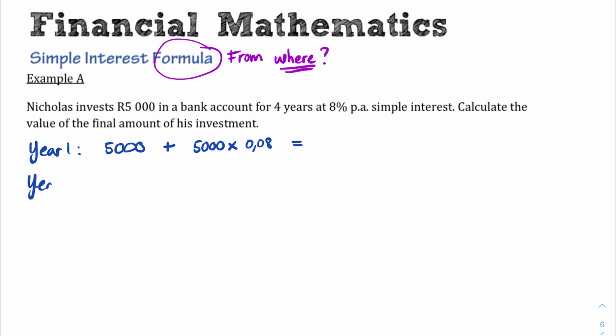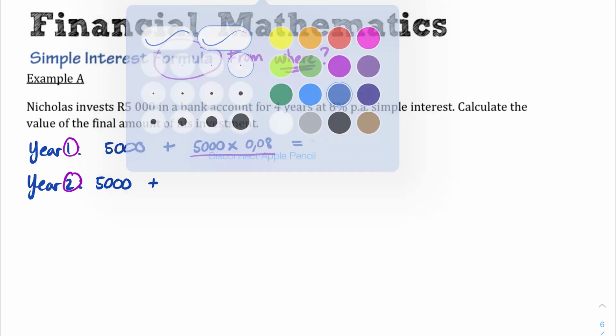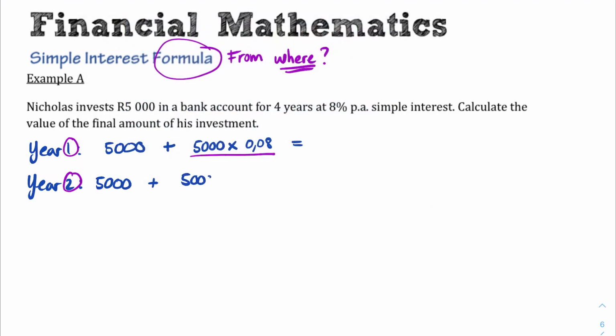So in the second year, what happened? Well, we've still got the 5,000 he began with, but this amount represents the amount of interest he earned in 1 year. So in 2 years, we're going to have 2 lots of this interest. So we can take 5,000 Rand and the interest for 1 year. But if it's simple interest, it's going to be exactly the same amount for the second year.